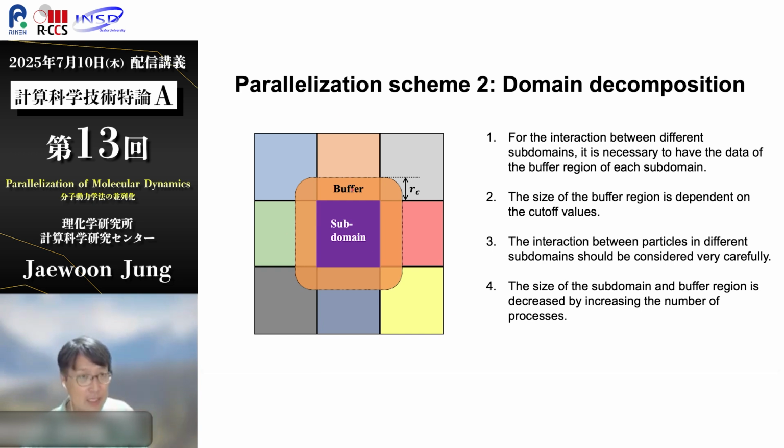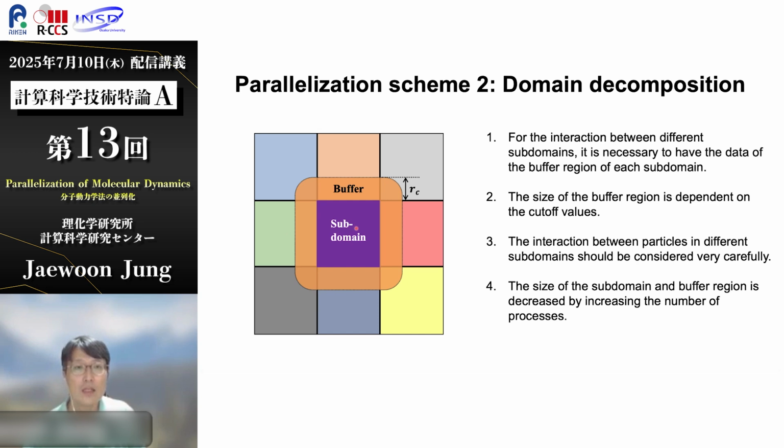In some cases, we need interaction between particles in different domains, for example, particles here and here. Either the processor involved in this space calculates the interaction between this and this, or the other processor may calculate it. But in either case, we need communication.